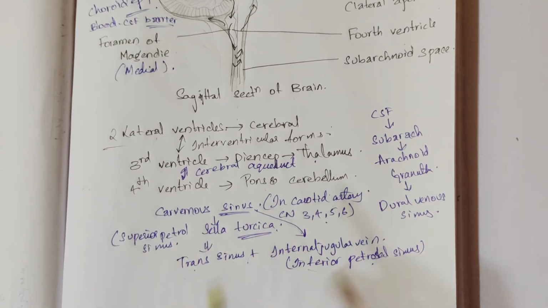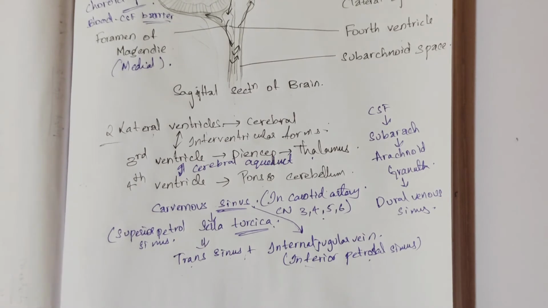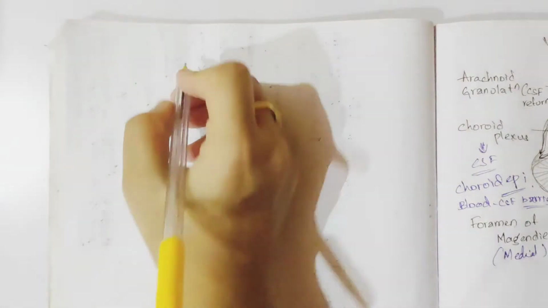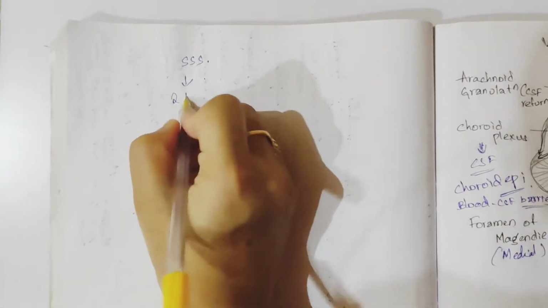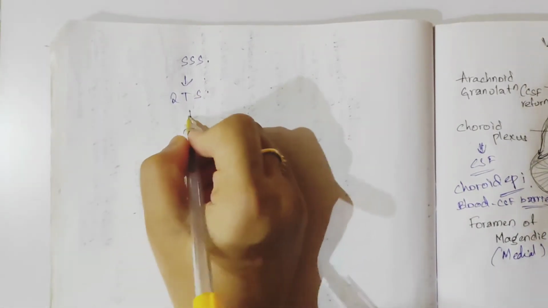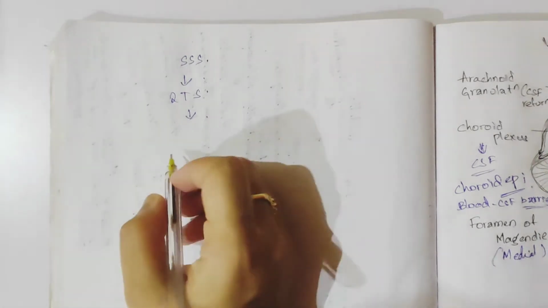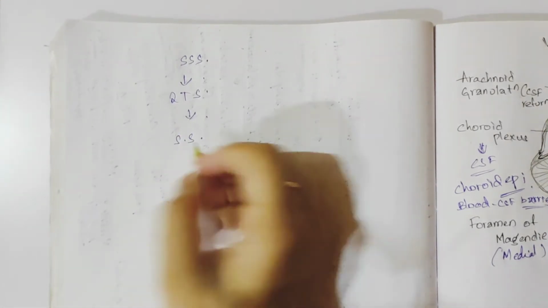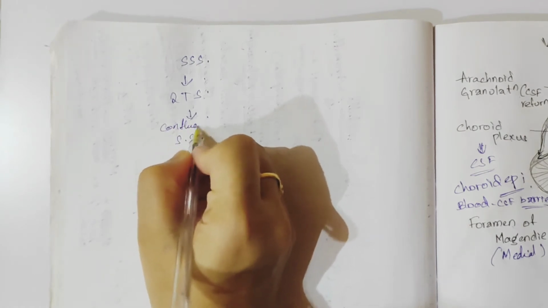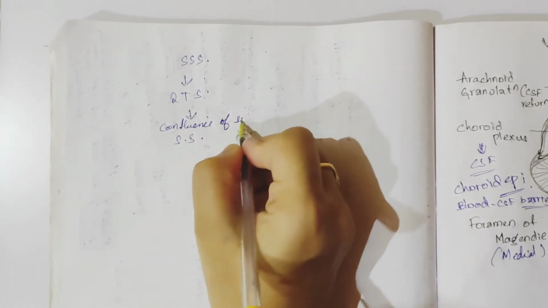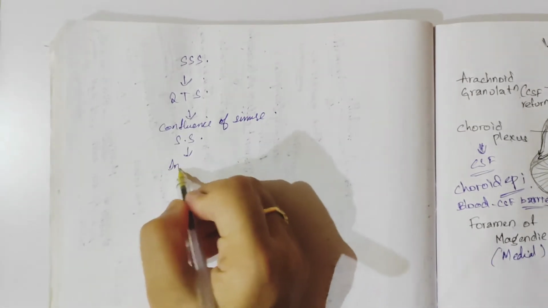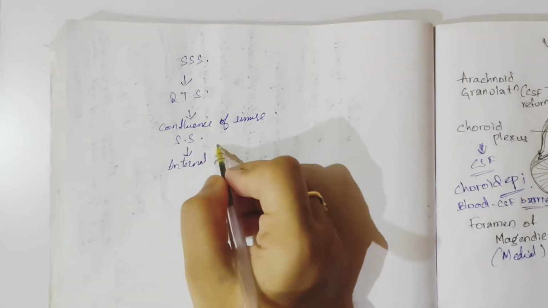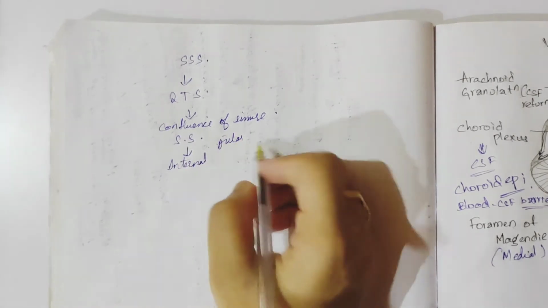As I told, I'll repeat again about the superior sagittal sinus and inferior sagittal sinus. The superior sagittal sinus drains to the two transverse sinuses from the confluence of sinuses, which drain to the sigmoid sinus and next to the internal jugular vein by the jugular foramen.